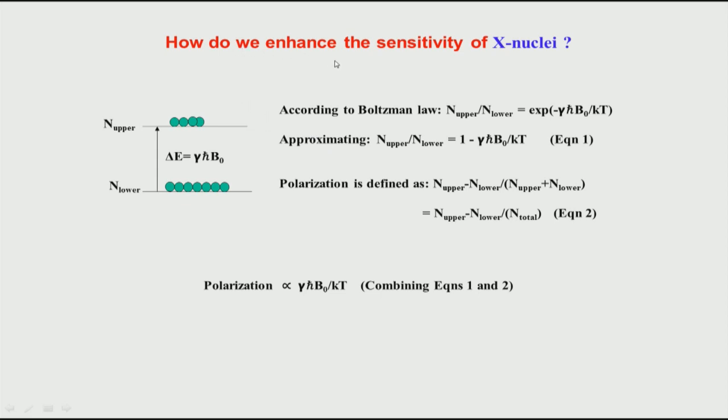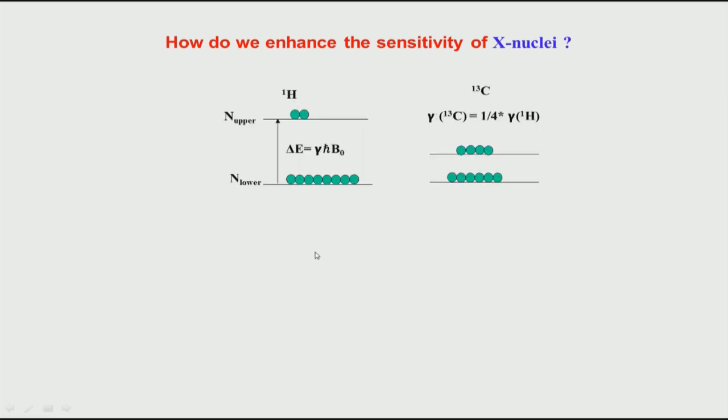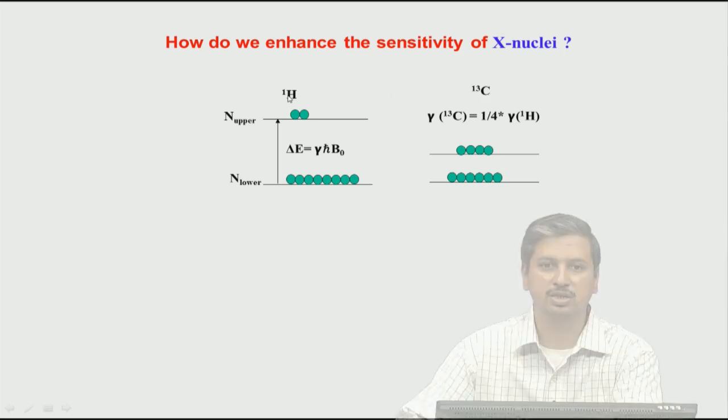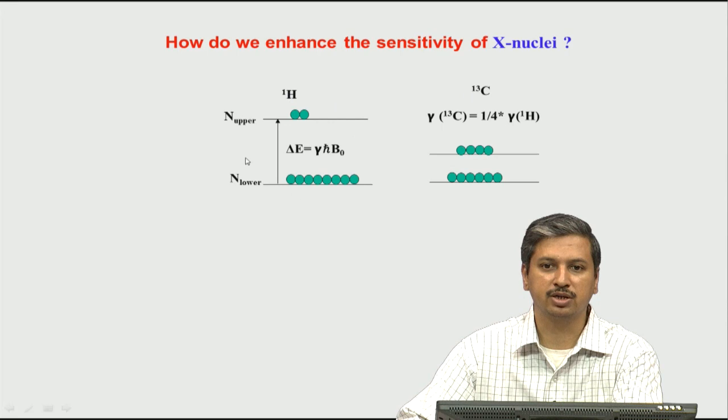Our goal, as said here, is how to enhance the sensitivity of X nuclei. From here you can see why X nuclei are less sensitive. In the case of carbon, look at this term: we have the hydrogen spin energy levels, given like this, and delta E is gamma h B 0, which we saw in the last slide. If you move this picture to carbon, all other factors are the same except gamma.